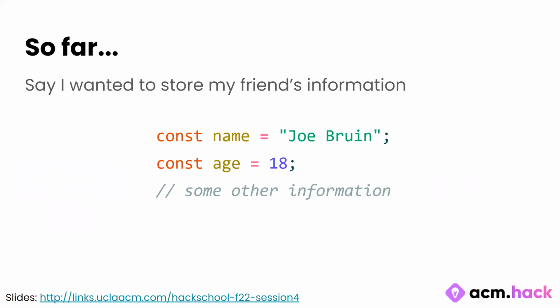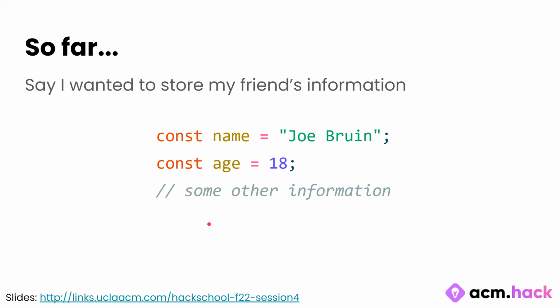And what do they look like? Let's say that I wanted to store my friend's information. Right now we know how to make a variable in JavaScript, right? We have const name equals Joe Bruin. And so this name is the variable, and we can make all these variables for my friend's information.